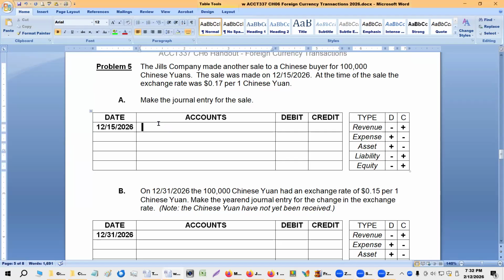By the way, feel free to abbreviate accounts receivable as AR. That's common. You don't have to write it all out, and on a test also, same thing.